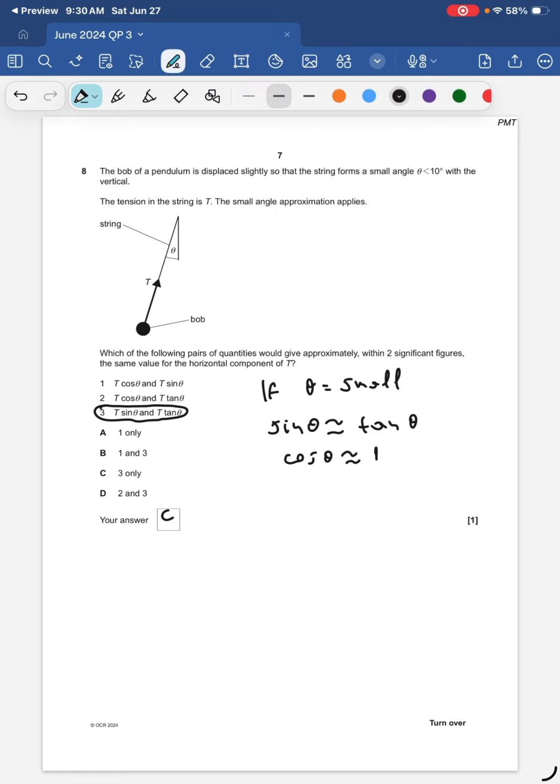Whereas option A has T cosine theta, which evaluates to T, right? Whereas T sine theta evaluates, and I forgot to mention that this is also equal to theta, but in radians, okay? So in the small angle approximation, this applies. So the only option that works is 3, because all the other options give you components that have a totally different magnitude. So that doesn't work. Okay, let's move on to question number 9.